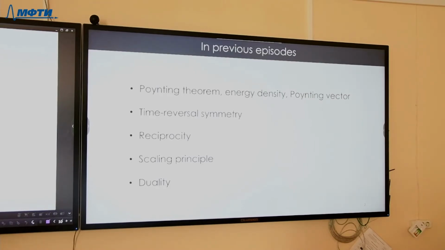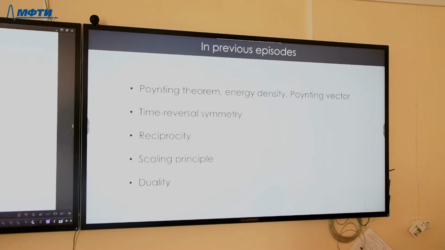We got to know the concept of reciprocity, which is also a powerful concept which allows us, loosely speaking, to connect how flipping the source of electromagnetic radiation and a detector of electromagnetic radiation preserves the detected amplitudes, the fields, the detector to source ratios.